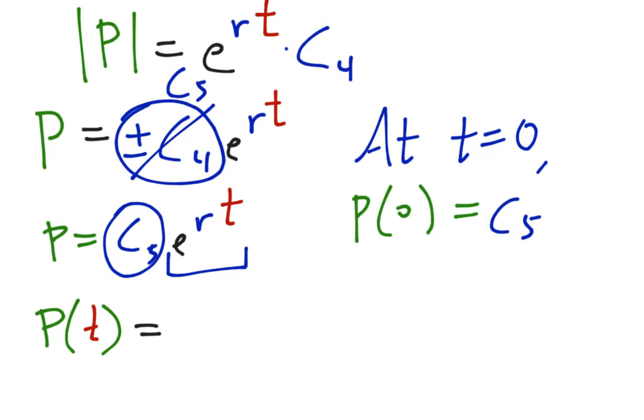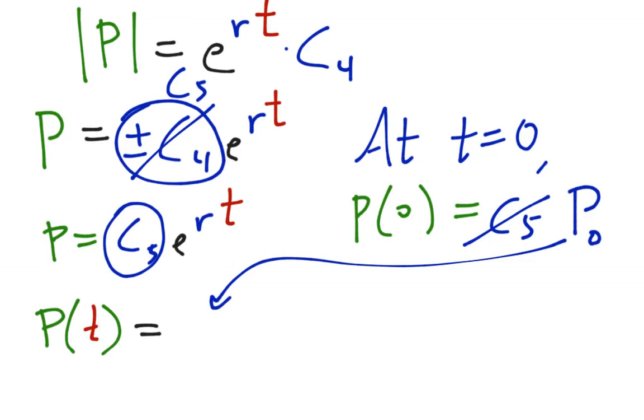And so when you see this normally, this C5 is usually written as the initial population, or P sub 0. And so I can write that here, and so we get that P of t equals P sub 0 e to the RT.